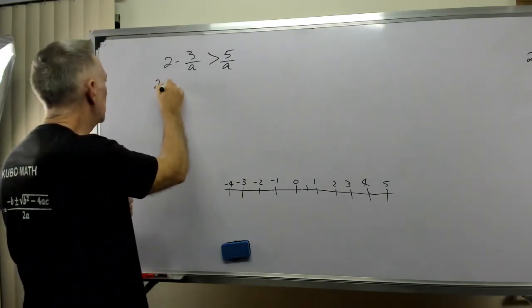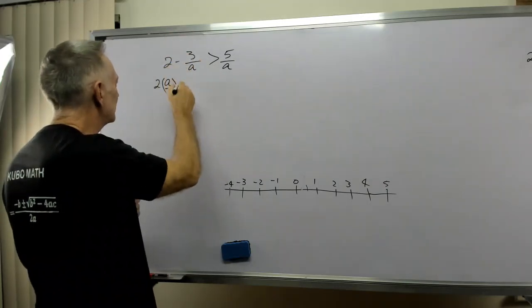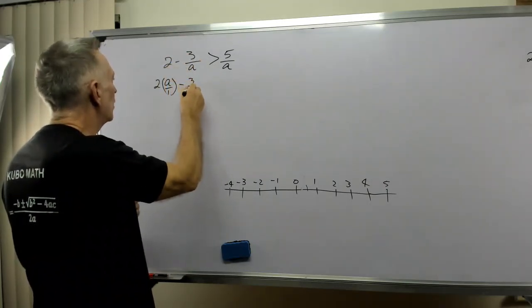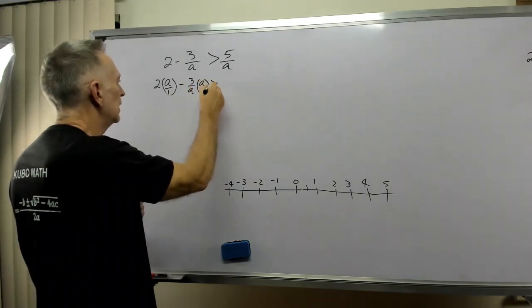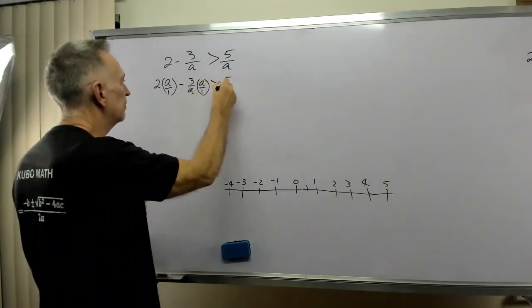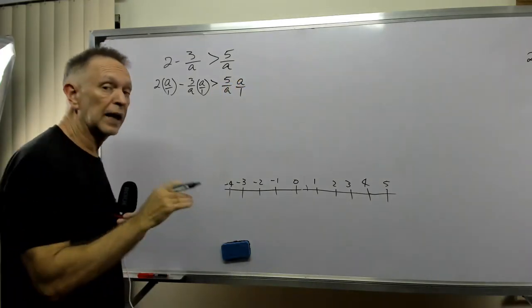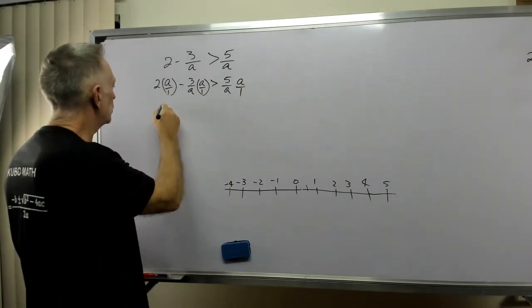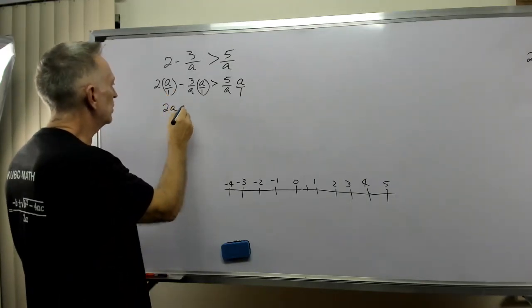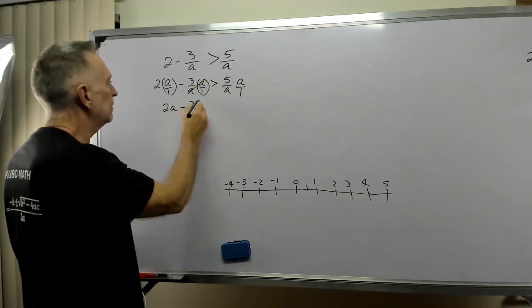So 2 times a over 1, minus 3 over a times a over 1, and in theory that's greater than 5 over a times a over 1. So I've multiplied every term by a over 1. So 2 times a over 1 is 2a, minus, these a's cancel, minus 3.